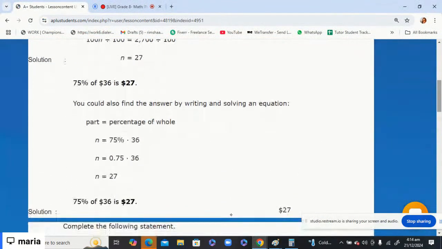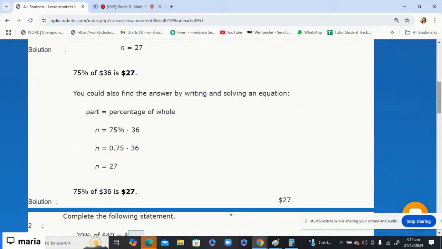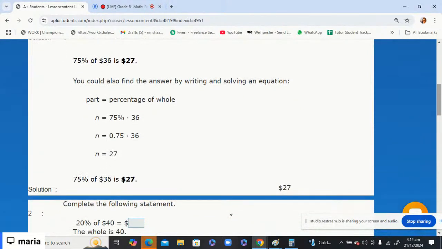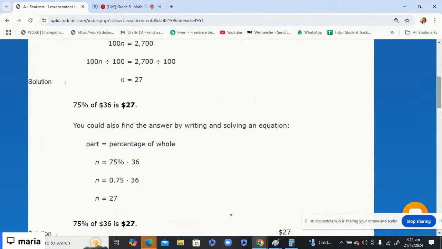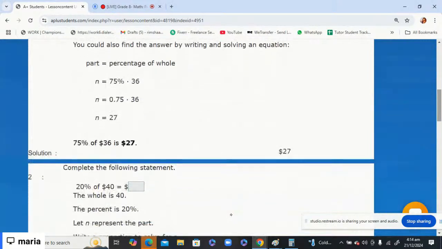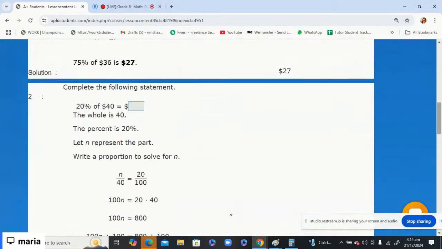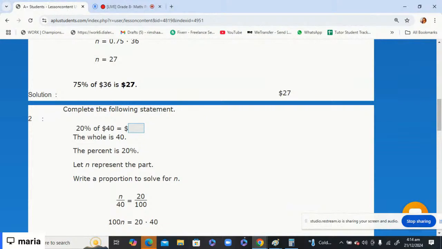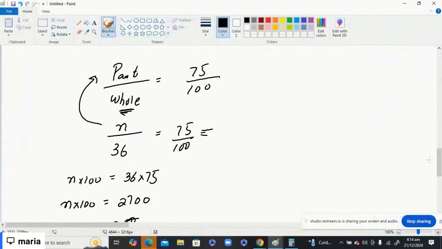Okay, now again 75% of 30, this is the other way to finding it out. In both the way the answer is right. Okay, 20% of 40, let's do it.